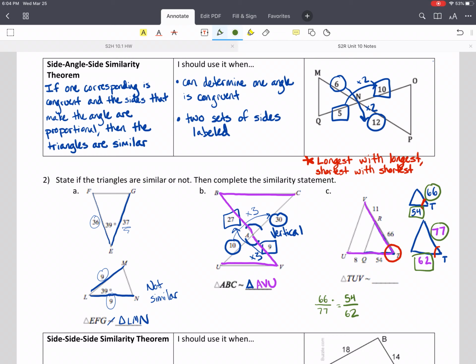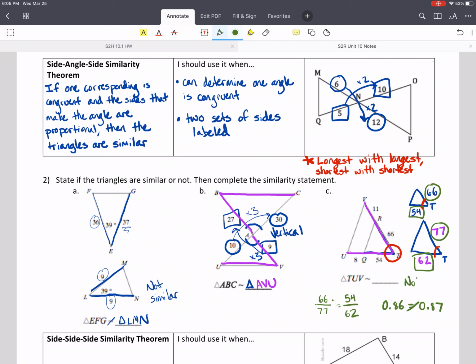66 divided by 77, that's like a 0.86. And we're going to see, it has to be the exact same fraction. So 54 divided by 62, 0.87. Ooh, no, close but no cigar.